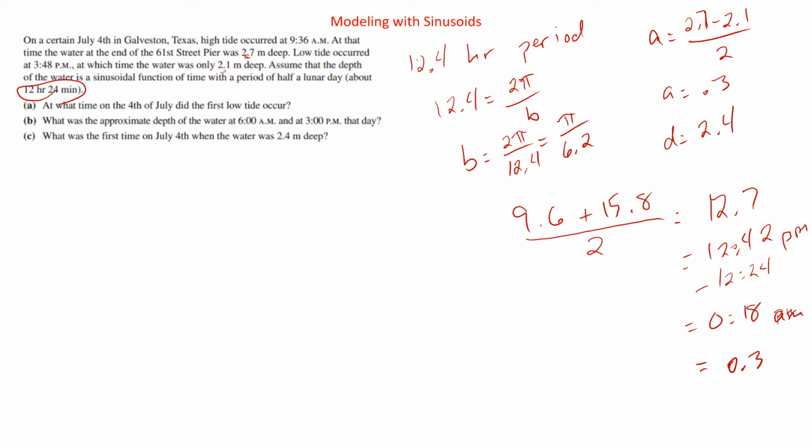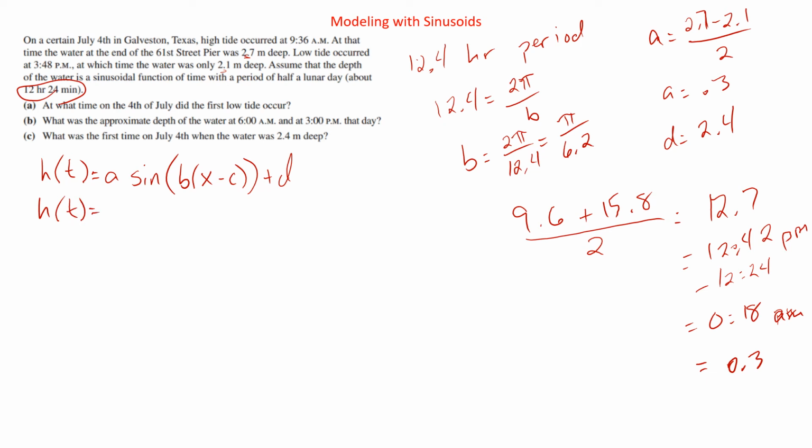So if we go to our equation, remember the equation, the height of the water to time is going to be A times sine of B times x minus C plus D. I made it minus just because we're used to having that be a negative. Otherwise, we have to change the sign of the C. It comes out to be the same, but still. We can just plug everything in.